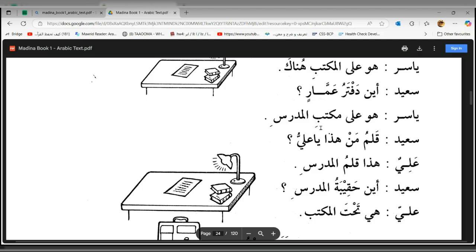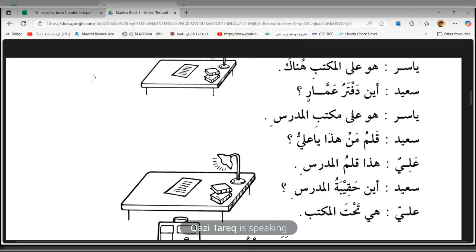Now here you will notice that the mudaf, which is the first word here, maktab, takes kasra. Do you know why? Because of ala.